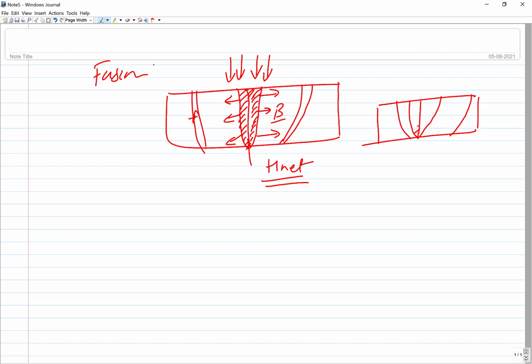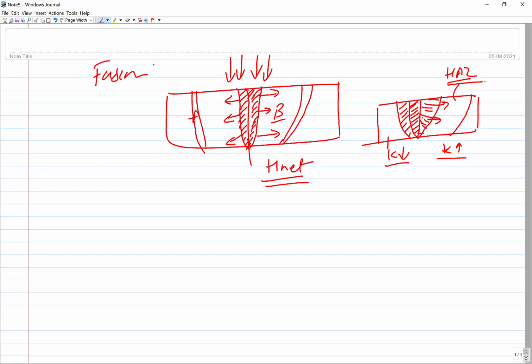On one side, little melting of the base metal is taking place and the heat dissipated to the base metal is also narrow if the K is low. On the other hand, if the K, the thermal conductivity, is high, then you will find a lot of melting has taken place and a lot of heat has also dissipated, leading to a wider HAZ. So the width of the HAZ will depend upon the thermal conductivity of the metal, apart from the heat being supplied and preheating and other things.